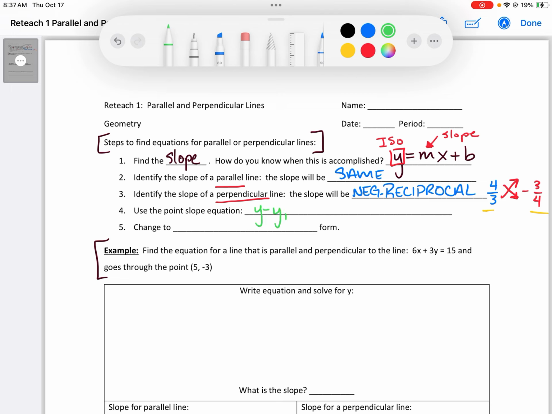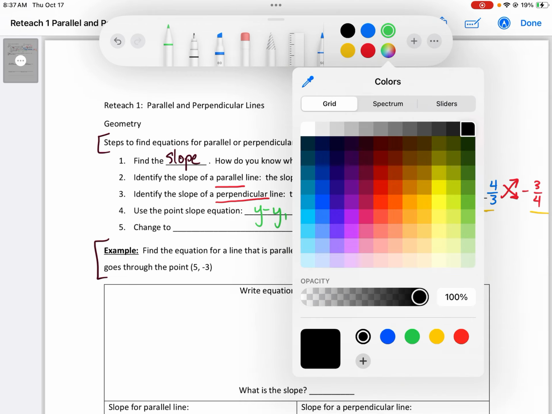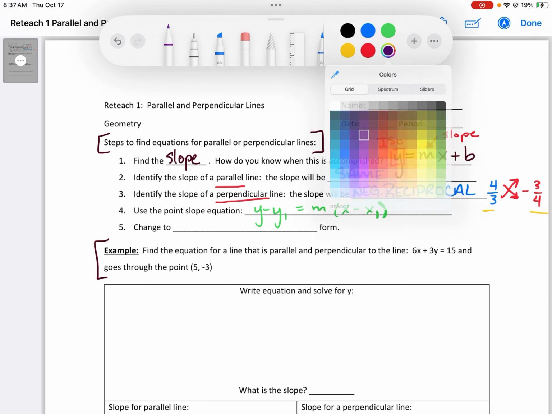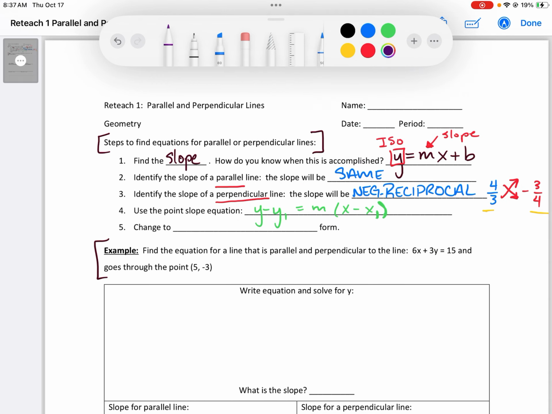If you don't remember that, it's what we use when we have a point, at least one, and we know our slope, but we don't know our y-intercept. And we use this form to get our equation into slope-intercept form. And that's what we're trying to get into, slope-intercept form, which is y equals mx plus b.